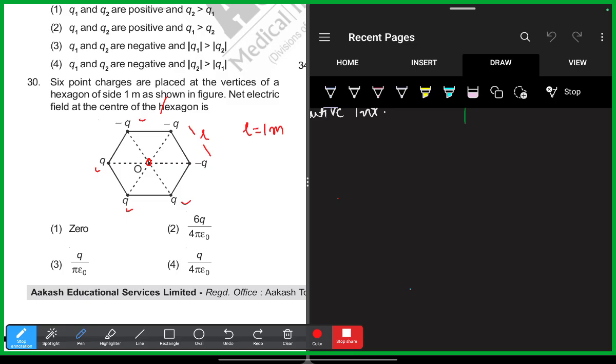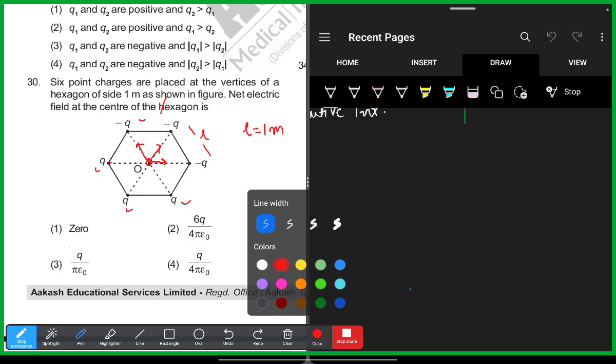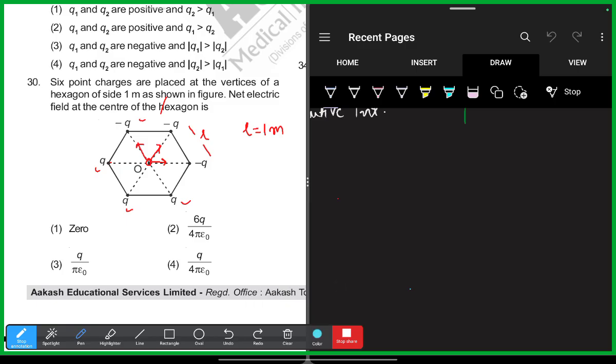Due to the positive charges, the electric field would be in these directions, and due to the negative charges, the electric field would be in these directions.